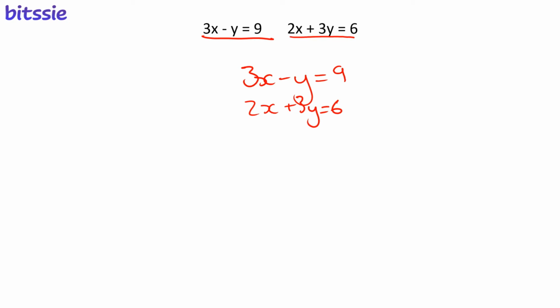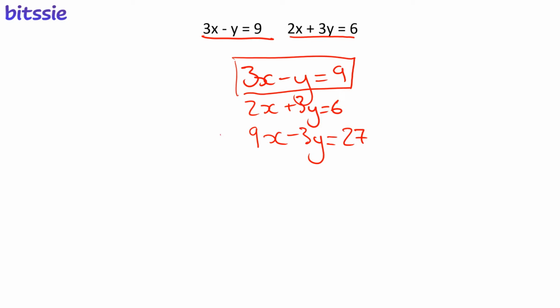Then we need to try and make the coefficient of one of the terms the same. So in this case we've got a coefficient of 3 and 2, and a coefficient of 1 and 3 for y. So let's try and make 1 and 3 the same. We can do that by just multiplying this whole equation by 3, giving us 9x minus 3y equals 27.